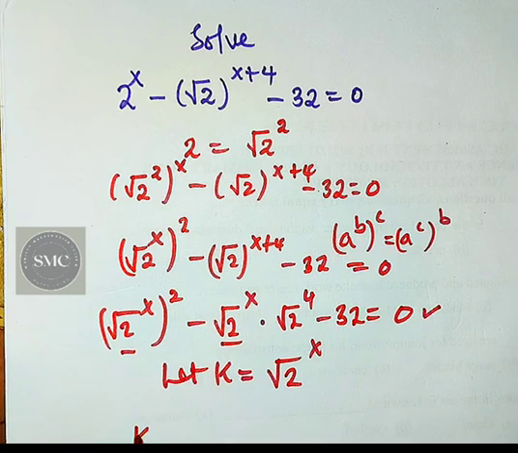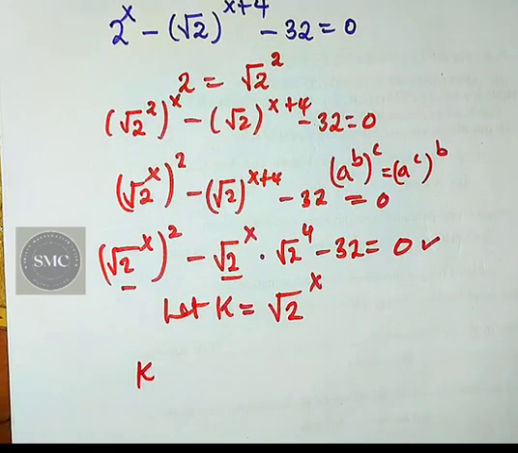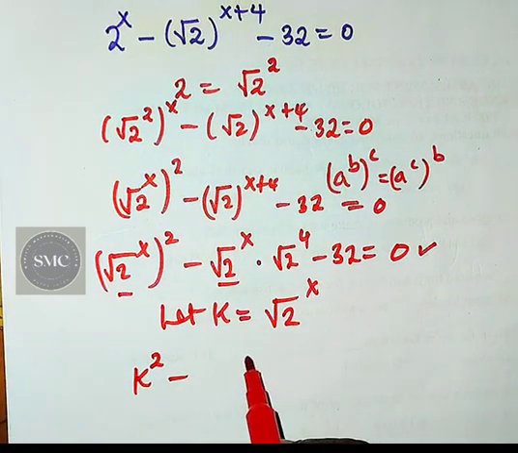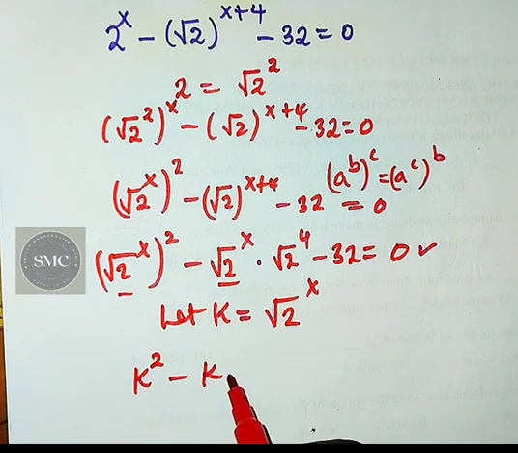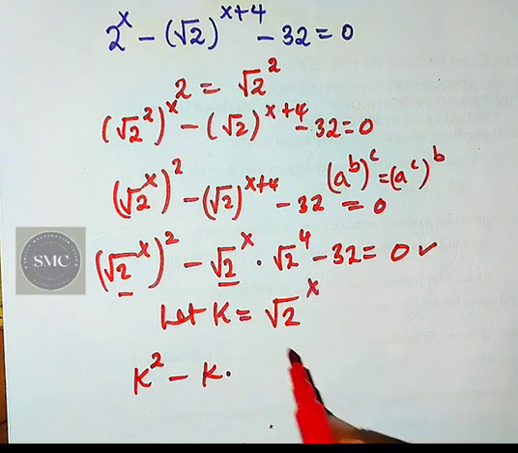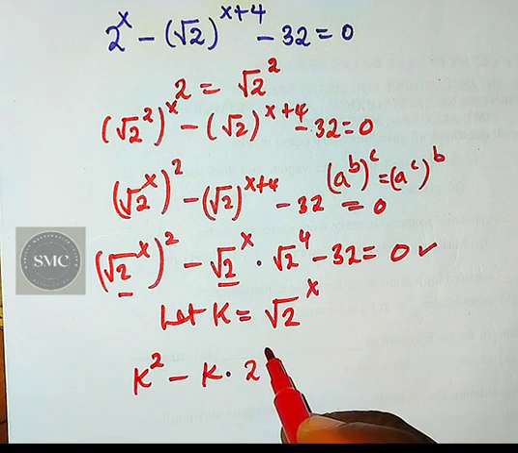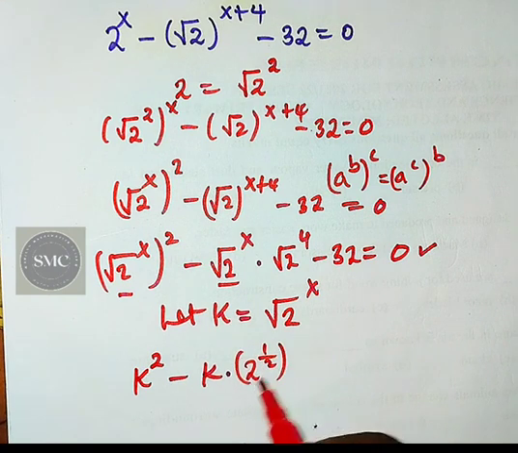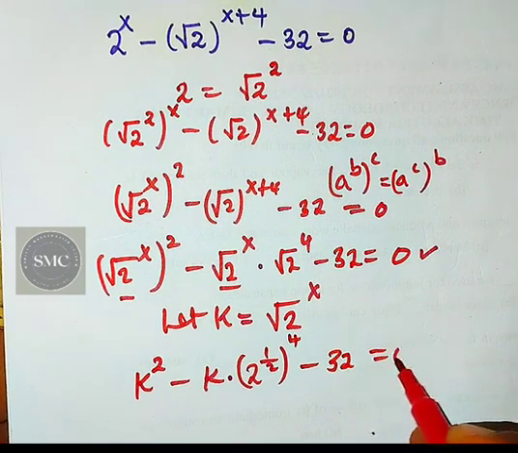We are going to have k, with the square here, so this is k squared, then minus k times root 2 to the power 4, which can as well be written as 2 to the power 1 over 2, to the power 4, minus 32 equals 0.